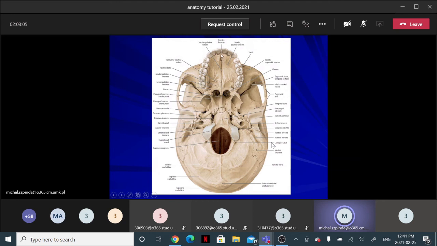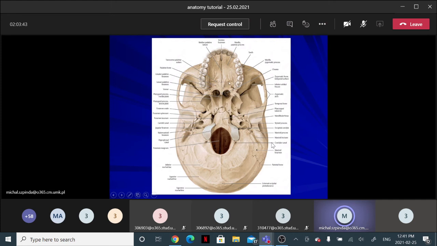Just in the middle of the hard palate, we can see a median palatine suture, which is the most typical plane suture. This is not to do with dentate borders. The two borders are flat and contact each other.